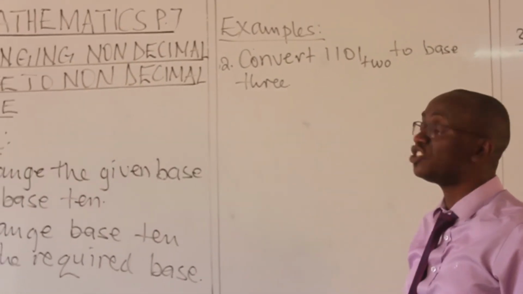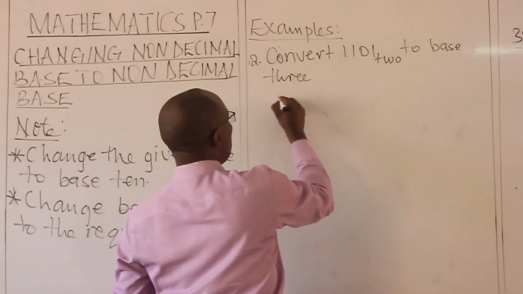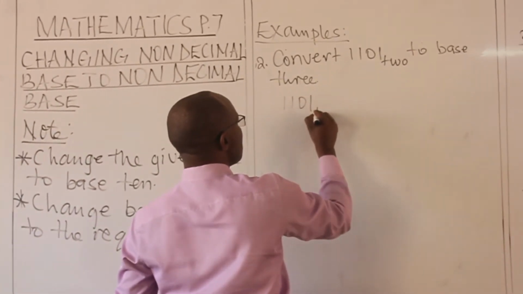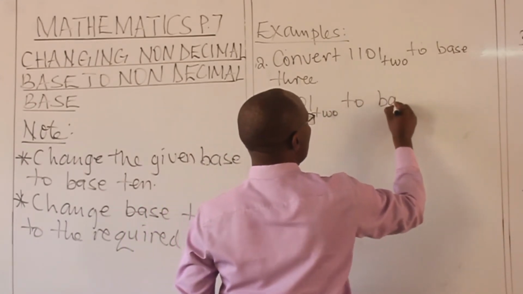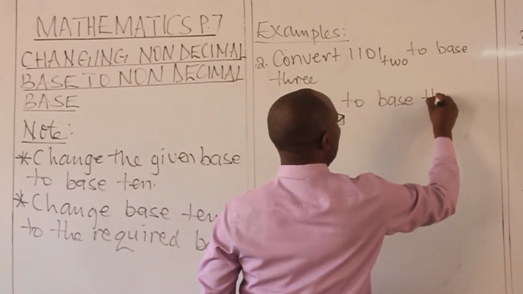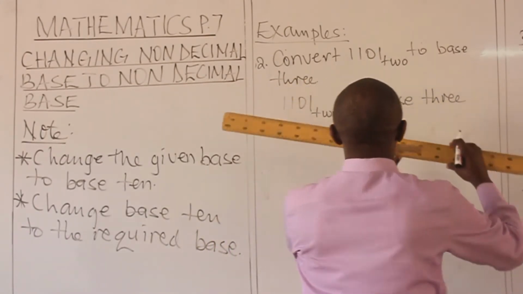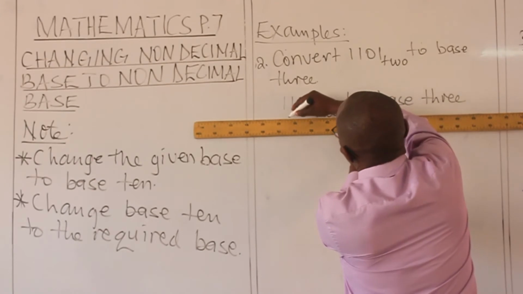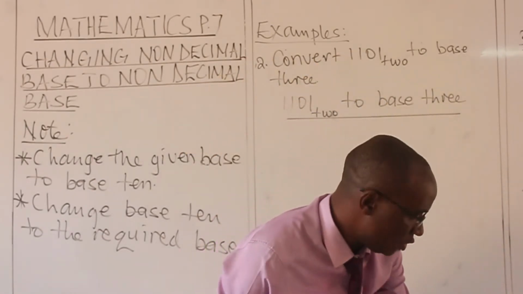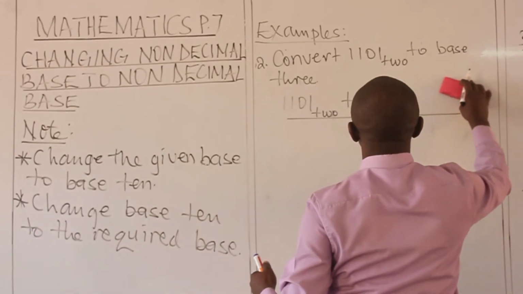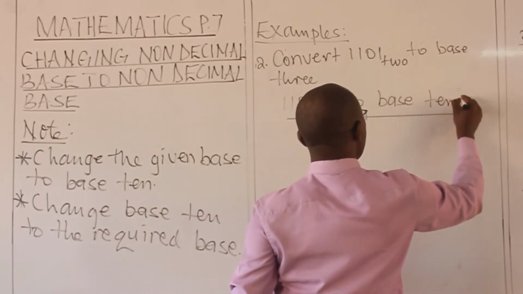The given base is 1101 base 2. So we are changing 1101 base 2 to base 3. Please, we said you first change the given base to base 10. So we first change to base 10.